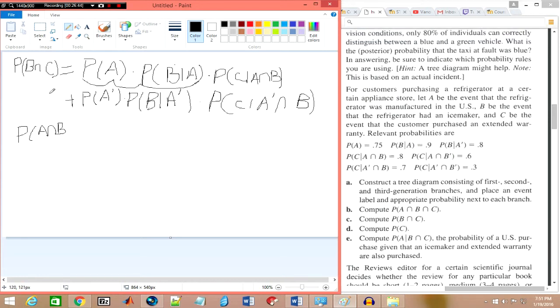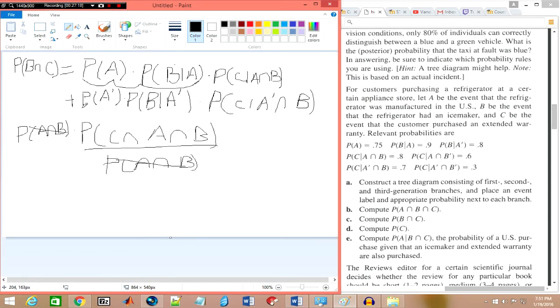Anyways, that's the probability of A intersect B. This is the probability of C intersect A intersect B, all divided by the probability of A intersect B. This cancels out. So we got the probability of the intersection of all of them. In this other one, it's the same exact thing, the only difference is that it's A complement.